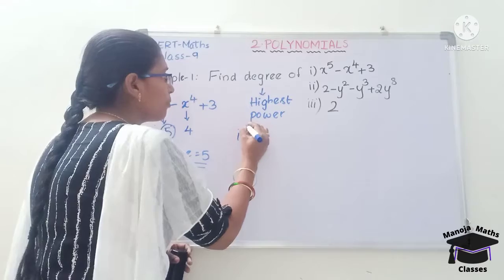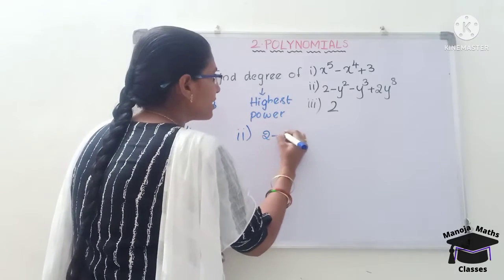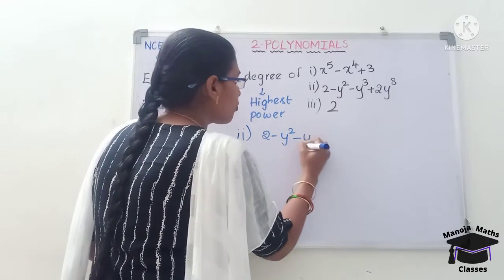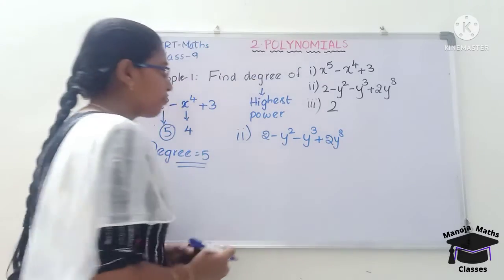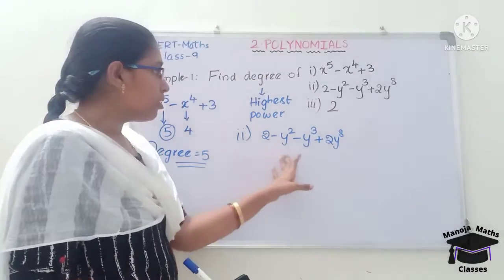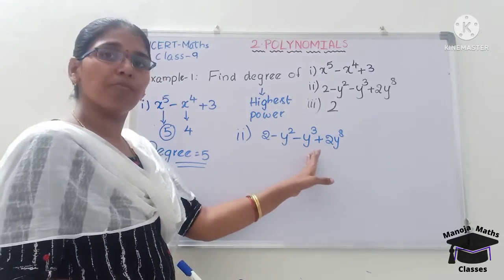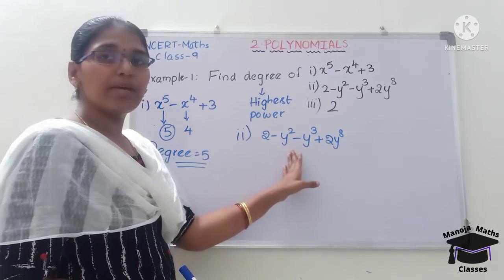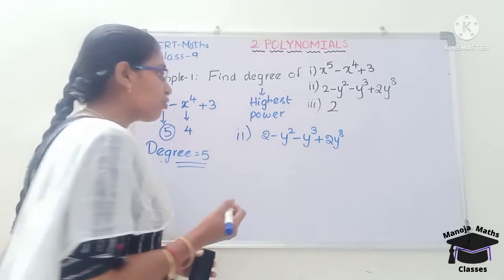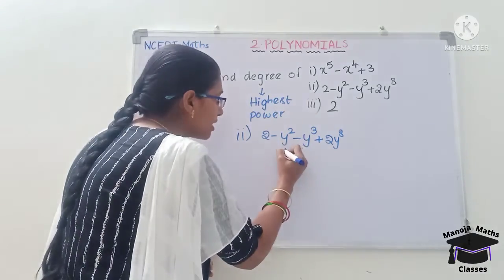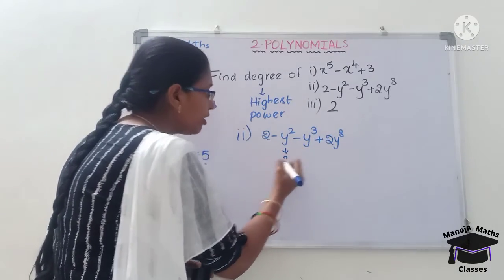Let's see the second problem. 2 minus y square minus y cube plus 2 into y power 8. This is polynomial p of y. That means the variable you use here is y. Let's check the exponents of this variable. In the term y square, the exponent is 2.